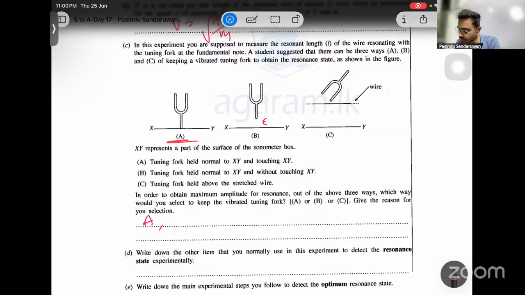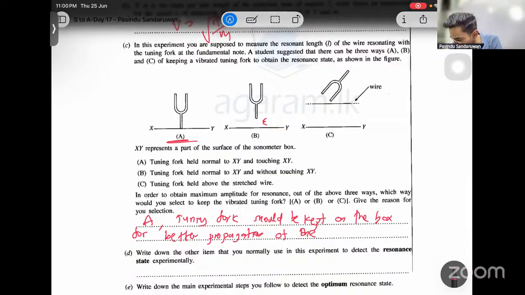Then we have to write the reason: the tuning fork should be kept on the box for better propagation of energy, to vibrate the air medium inside the sonometer with maximum amplitude.